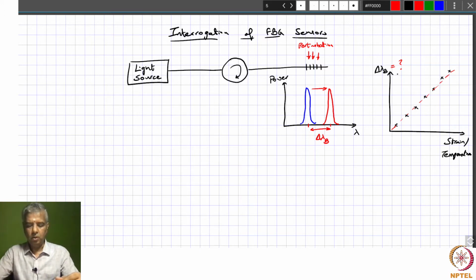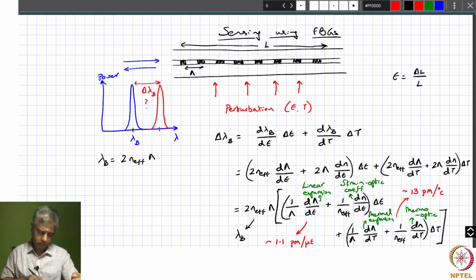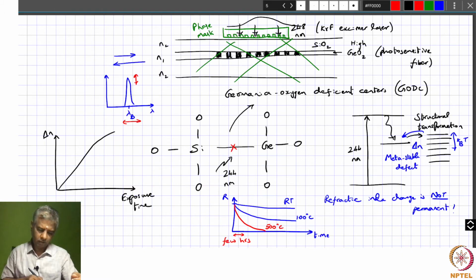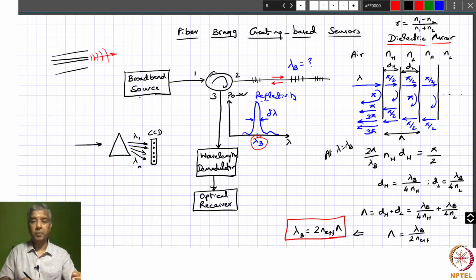Now, so far we've been looking at cases where we are typically interrogating the fiber Bragg grating with a broadband source.